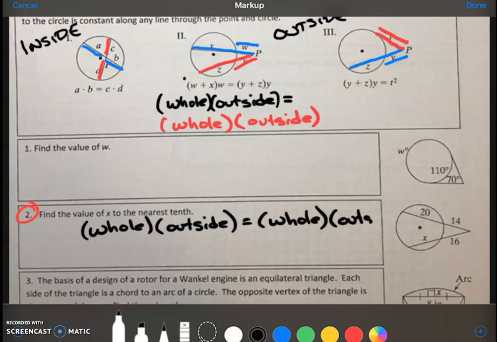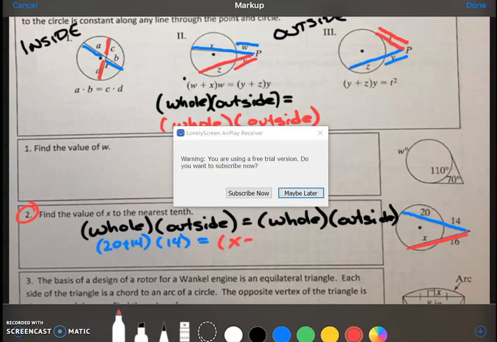And so this blue line here, the whole line is 20 plus 14. The outside portion is just 14. And that should equal the red line, the entire line: the whole line there is x plus 16, times the outside portion, which is just 16.